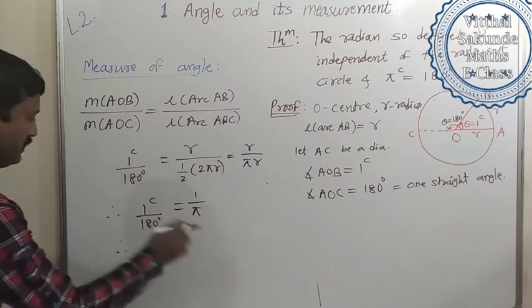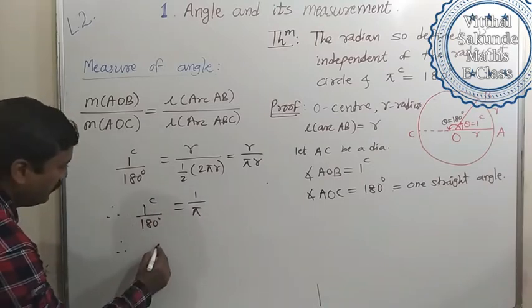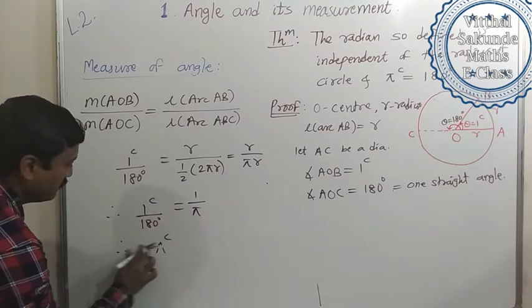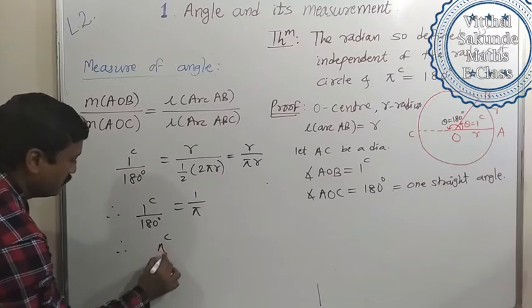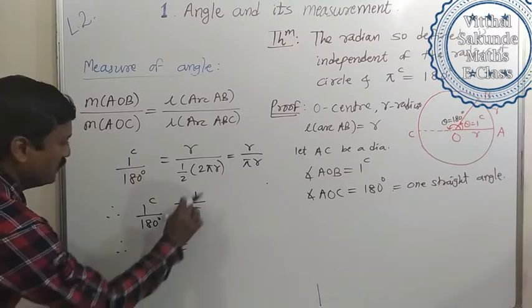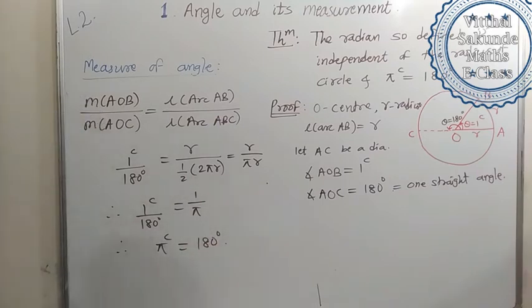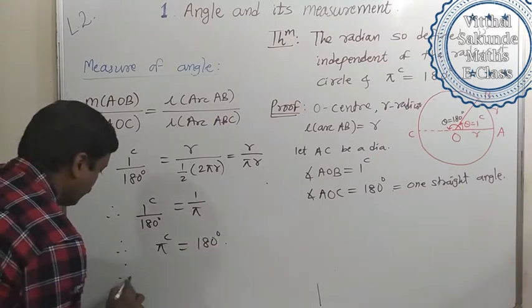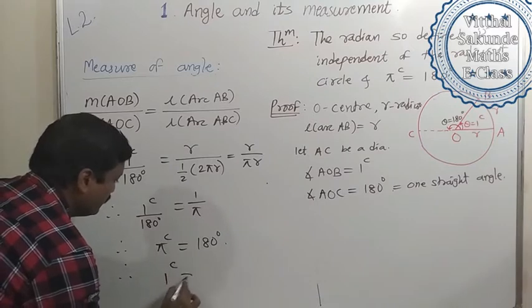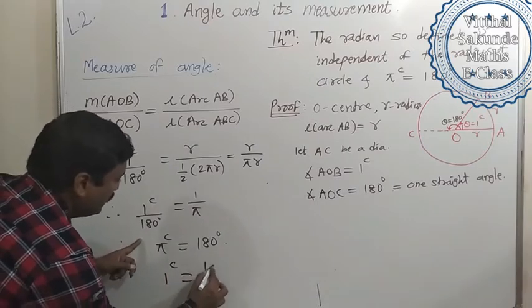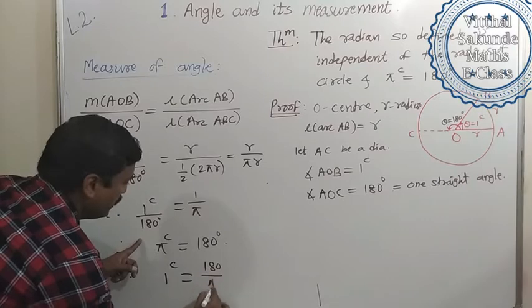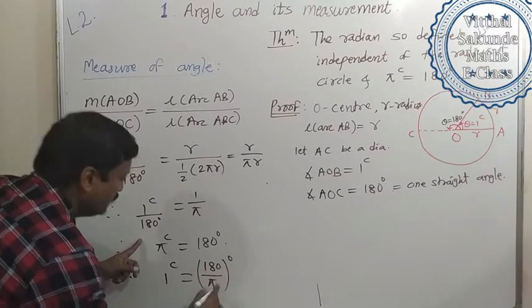Therefore by taking cross multiplication we get pi radian is equal to 180 degree, or we can write this as 1 radian is equal to 180 upon pi into degree.